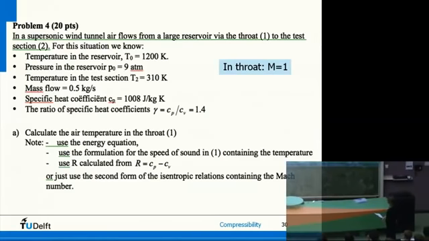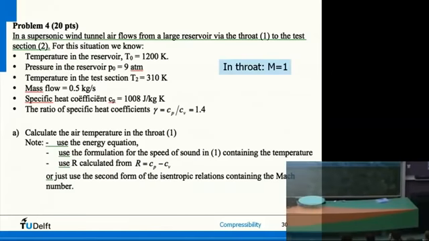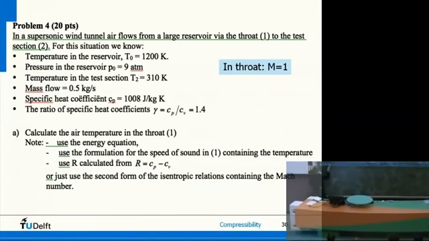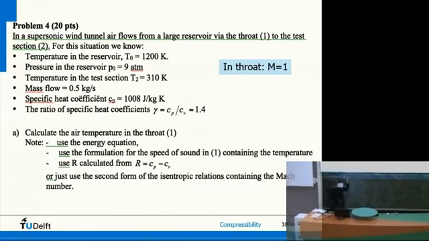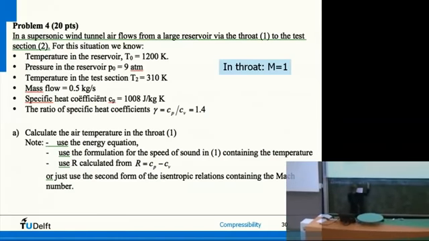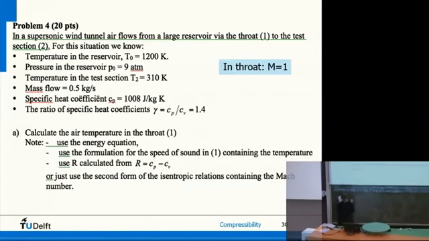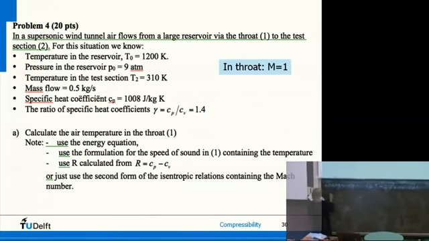Now we need the air temperature in the throat, using the energy equation, speed of sound, and R. So let's first start writing down the equations, right? So energy equation. Speed of sound with a temperature.